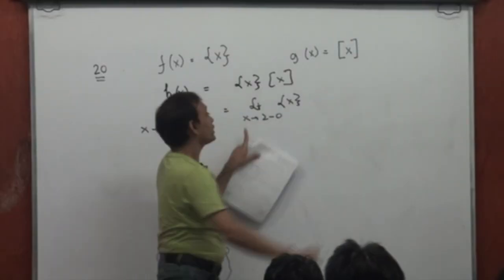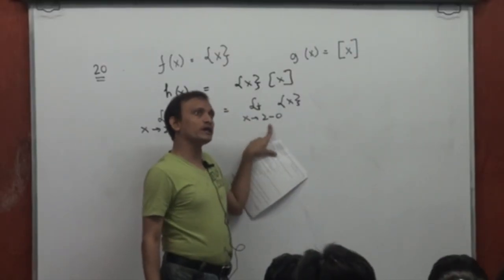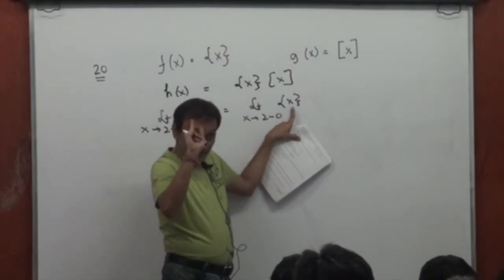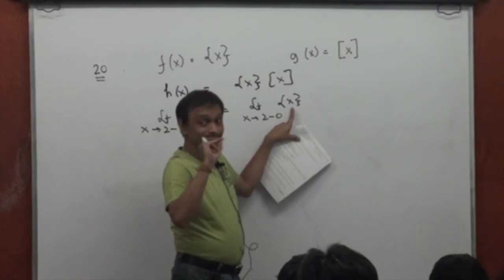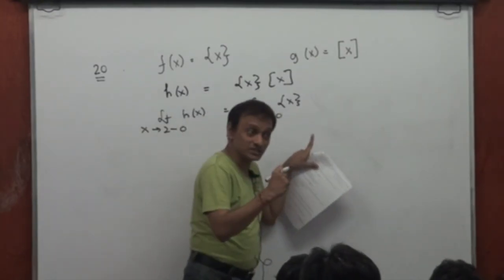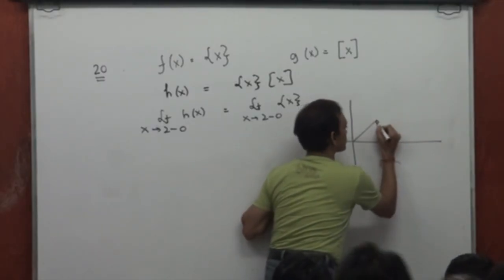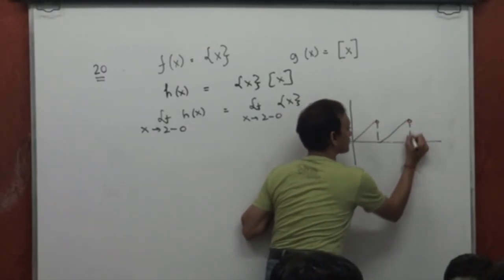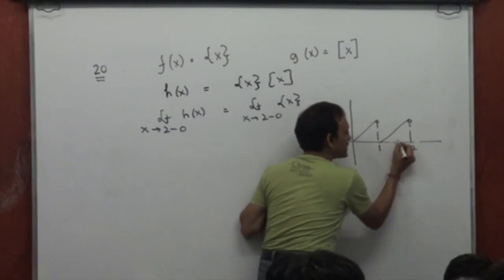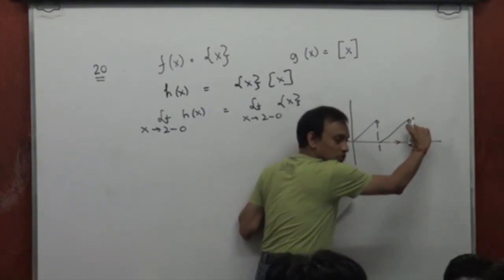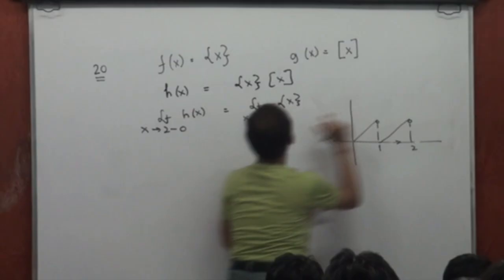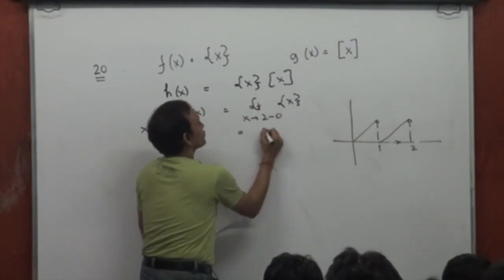So this is 1. And when x tends to 2 from the less than 2 side, the fractional part of x tends to 1. From the less than an integer side, when it comes closer, see, this is 1. As x tends to 2 from the less than 2 side, it comes closer and closer to 1. So this is 1.